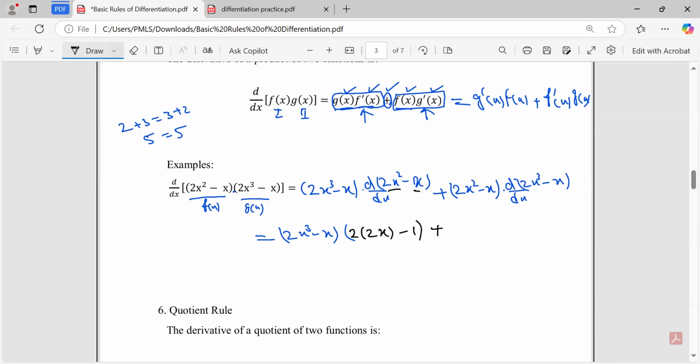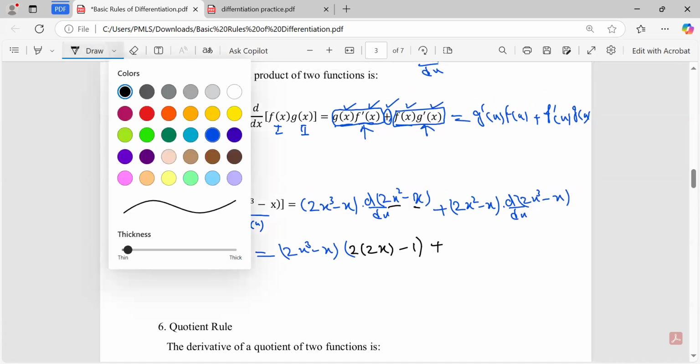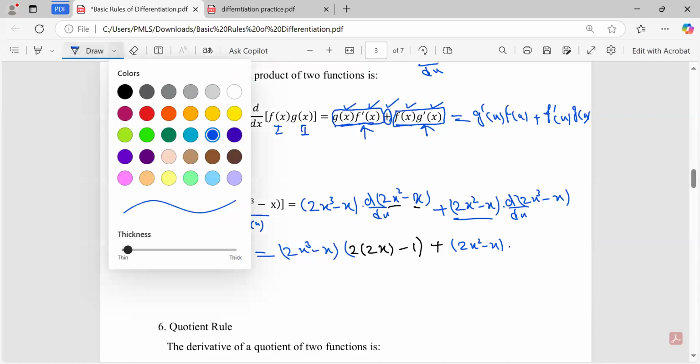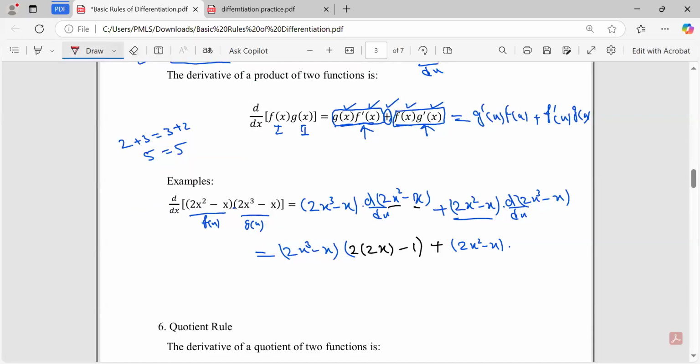Then in between a plus sign, that function will be as it is, 2x square minus x, and now we take the derivative of the second term. So 2 will be out, and derivative of x cube will be 3 times x square when we apply the power rule. And derivative of x will be 1, minus as it is.